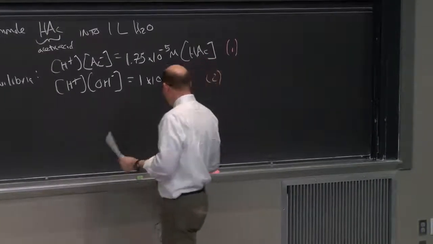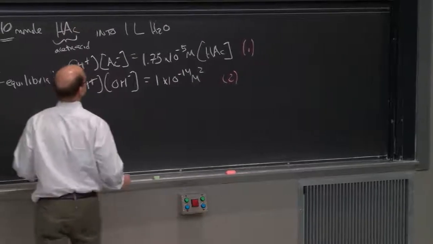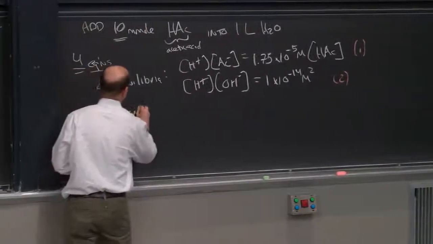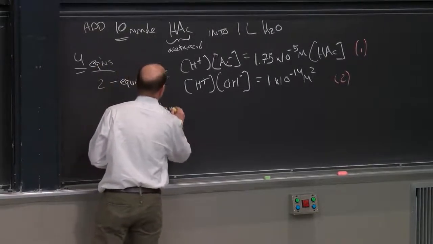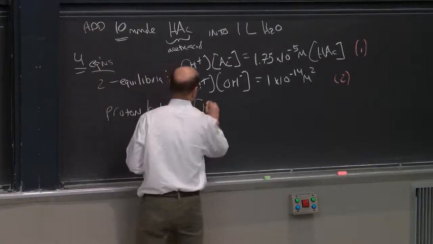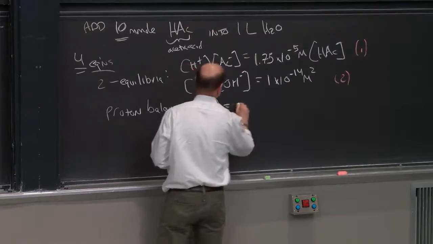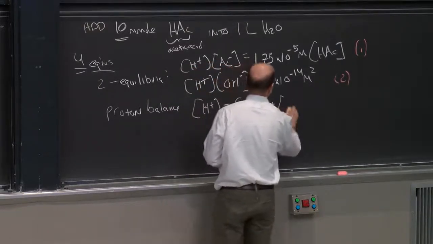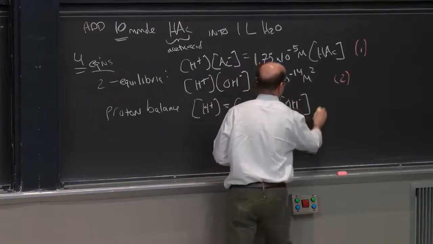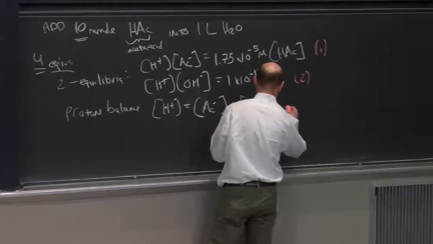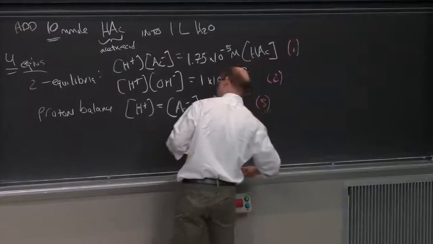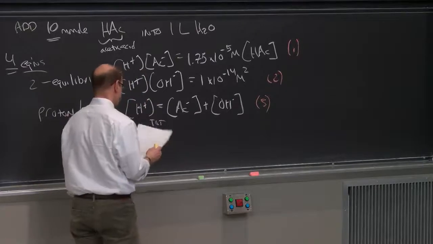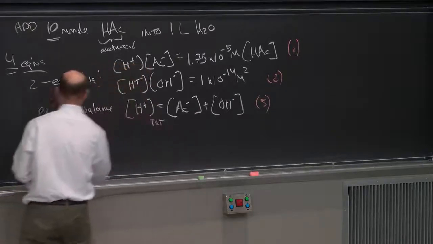Now I have to add a proton balance. So here's my third equation, proton balance. Clearly, you would all agree that the total concentration of protons here has to equal the 2 sources. It has to equal the acetate anions plus the hydroxide anions. We'll call this equation 3. And then the last equation is a mass balance on the acetate.